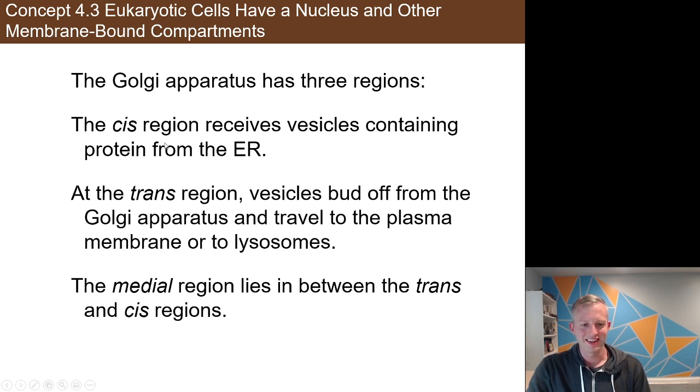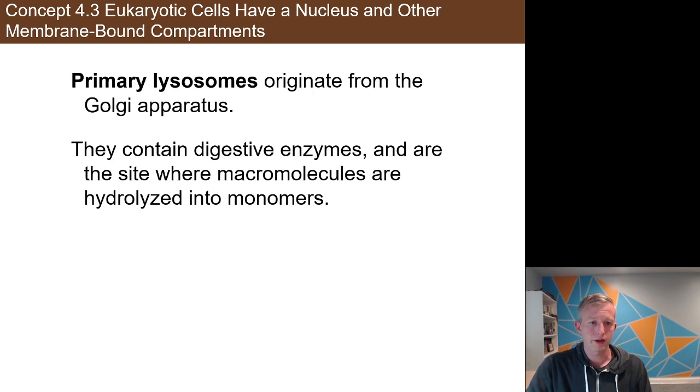With the cis region that's next to the ER, the trans region, which is facing the cell membrane, and then the medial region is in the middle, and that's a transition phase between the newly received proteins from the ER. Stuff needs to happen sort of in the medial region, and then the trans region is where these proteins are being packed up into vesicles to be sent off to, again, wherever they happen to be going.